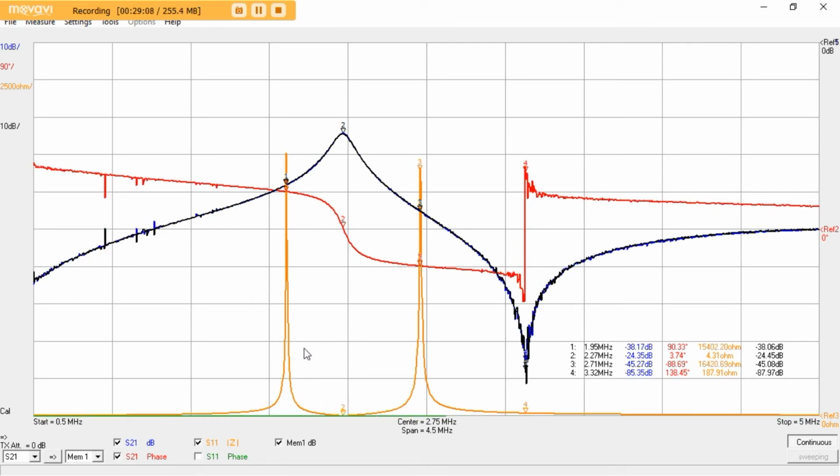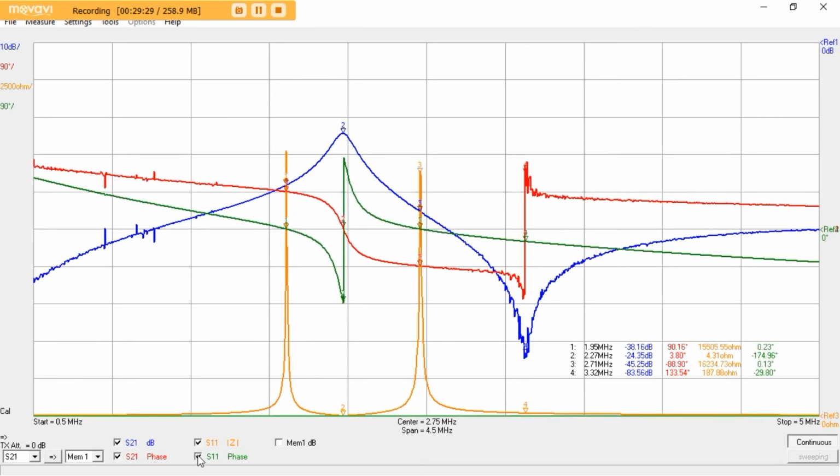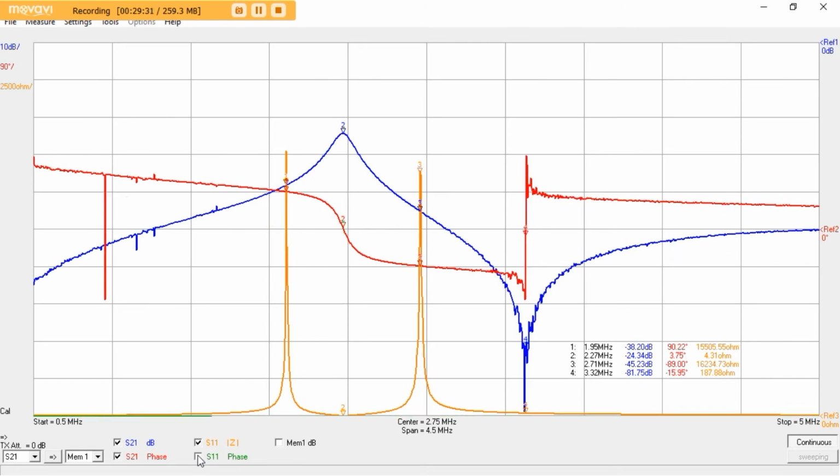This peak here is associated with the primary mode of the secondary coil. Good. Okay, let me turn that one off for the moment, and I will leave the input impedance, just check the phase is what we would normally expect.